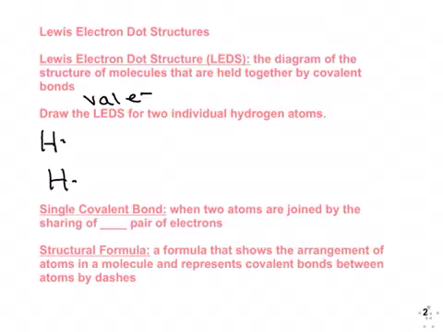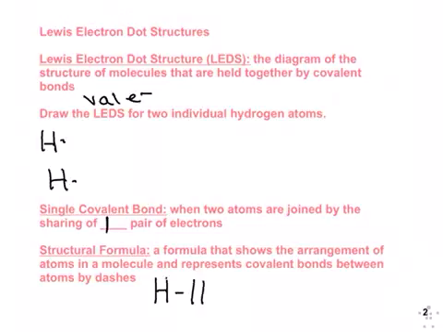So, we can have a single bond, and this is when 2 atoms are joined by the sharing of 1 pair of electrons. We can also show this in a structural formula. This is a formula that shows the arrangement of atoms in a molecule and represents the covalent bonds by using dashes.